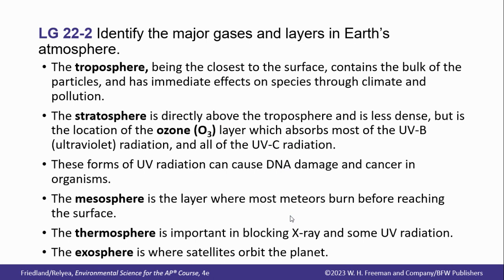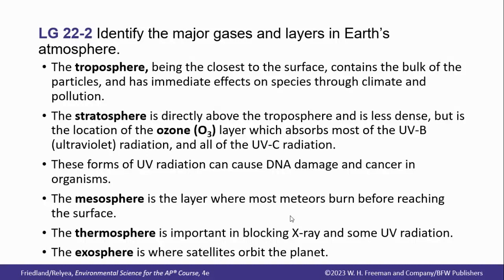These forms of radiation can cause DNA damage and cancer in organisms. For people with lighter skin, they don't have as much protection against the sun, and it will cause DNA damage that will prevent the cell from going through its fixing processes and become cancer.